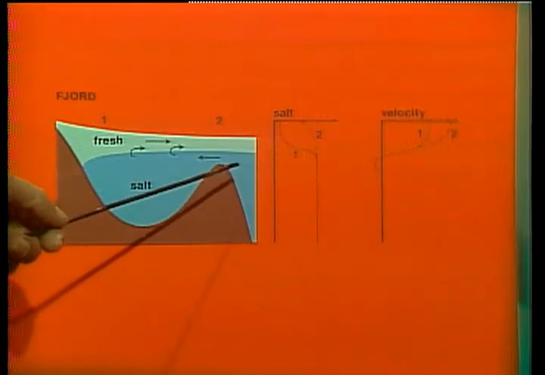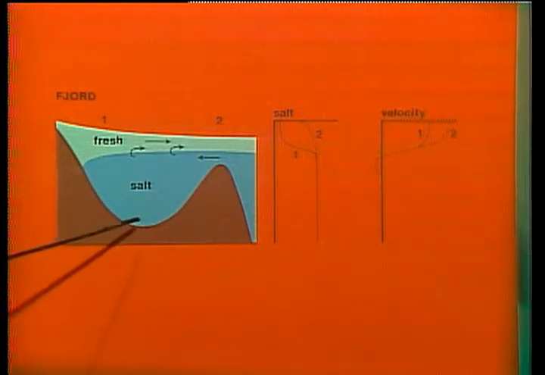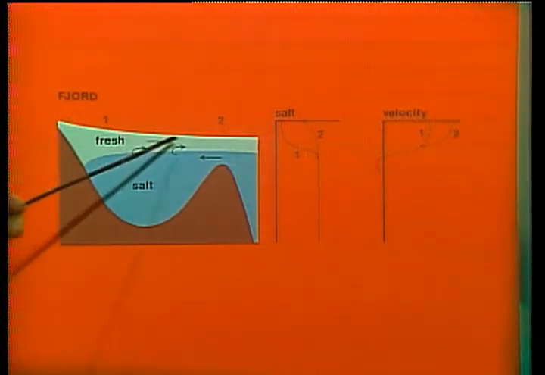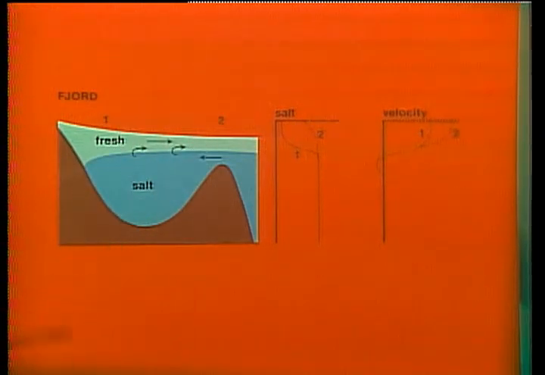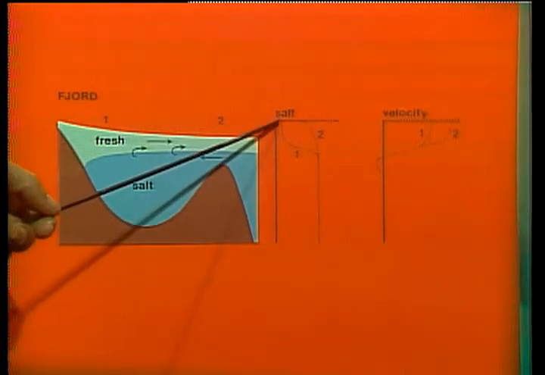And what we have is again the inflow of salt water into the fjord to fill the bottom basin, an outflow of fresh water at the surface, and an entrainment of salt water by the outflowing fresh water. So in this particular example I've chosen, if we look vertically at positions 1 and 2, we would find very little salt at the surface.